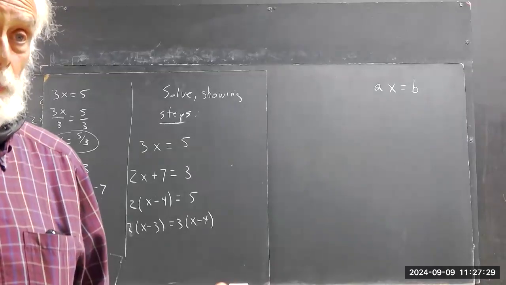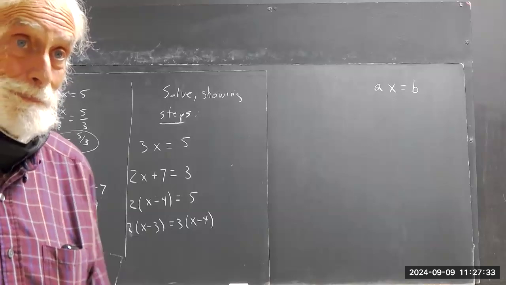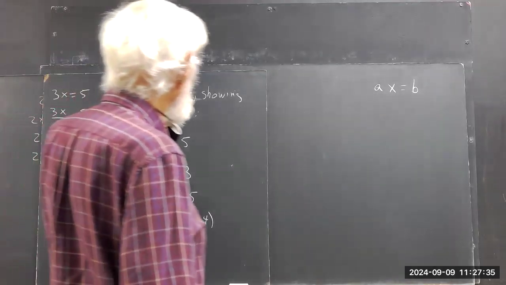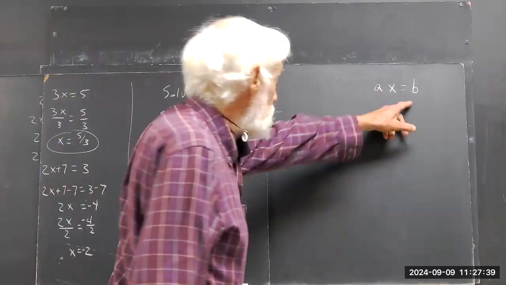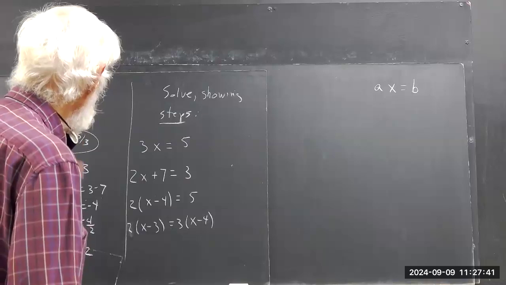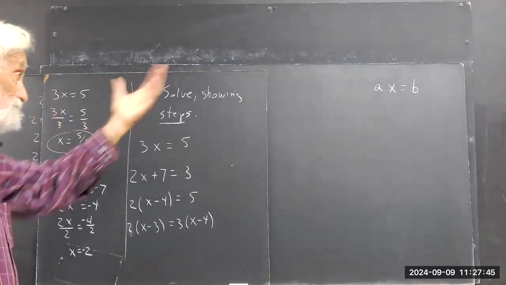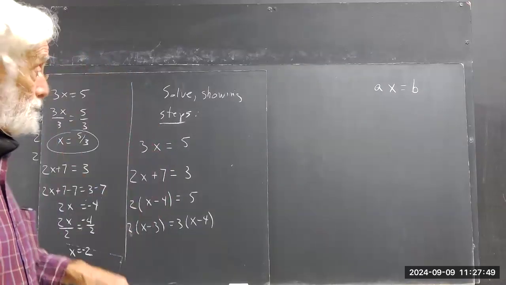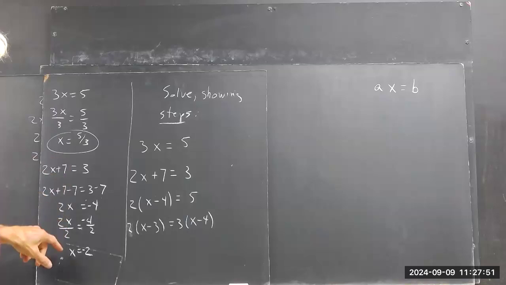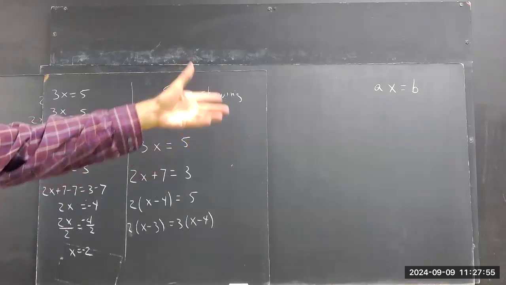We're gonna do the same thing with those letters you do if they were numbers. Okay? In other words, if this is 3x equals 5, then a could be 3 and b could be 5. And what do we do? We divide both sides by 3 and we get our answer, right? So you can kind of imitate what we do here, but use the letters, see what you get.